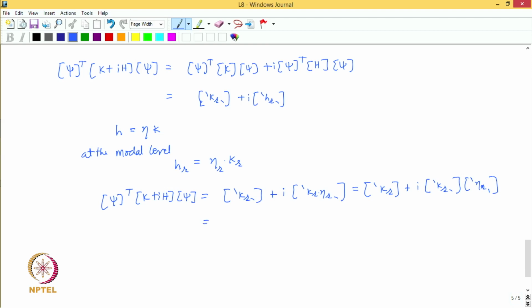And we can in fact take Kr common, which leads to a unity matrix plus i times the ηr matrix, right. So, this is something we get.